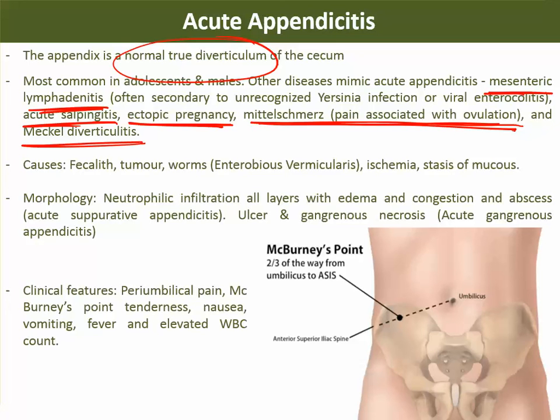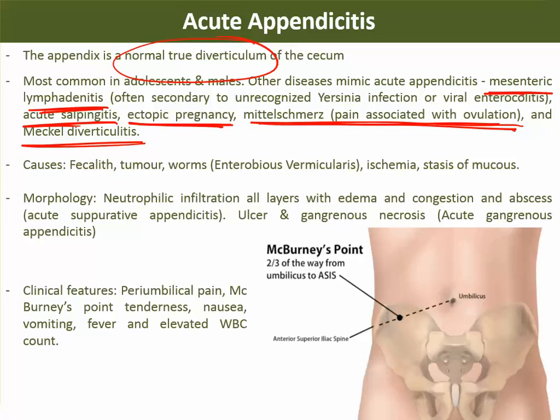And Meckel's diverticulitis, because Meckel diverticulum is formed in the ileum, so if it goes for inflammation, it is called Meckel's diverticulitis. Along with ischemic colitis, these can all mimic acute appendicitis. Even acute cholecystitis, acute inflammation of the gallbladder, also looks like acute appendicitis.